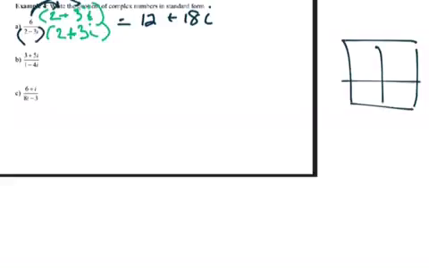Okay, so I've got 6 times 2 plus 3i, so I can carry the 6 through, and that's going to give me 12 plus 18i. And then I need to multiply, we'll do that over here, 2 minus 3i and 2 plus 3i.